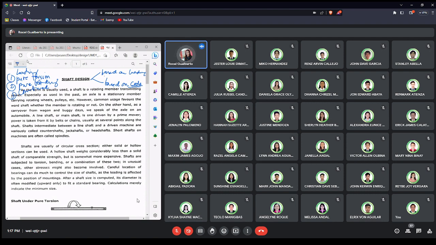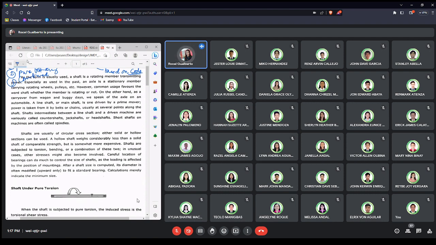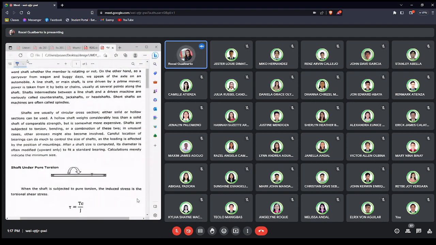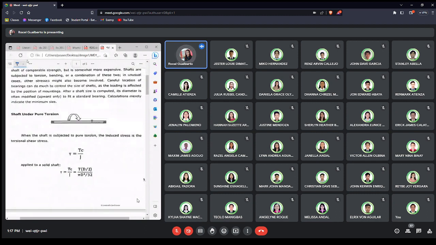As an illustration, here is the schematic diagram for a shaft. This is a long straight member, and that is our shaft. You'll notice at both ends we have an X, which pertains to your bearings.